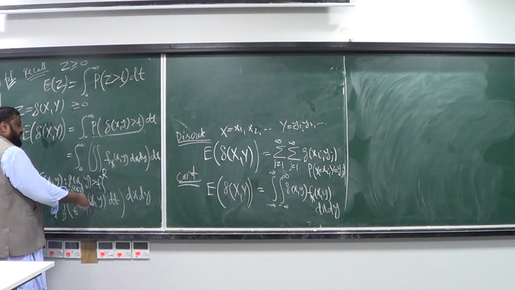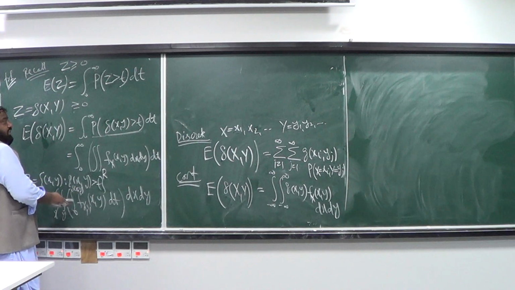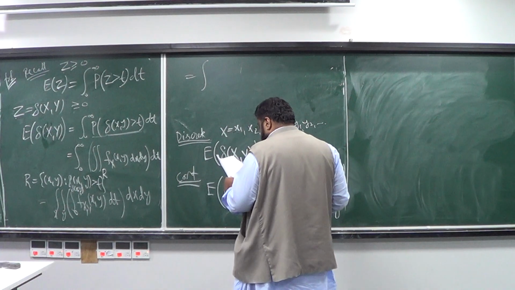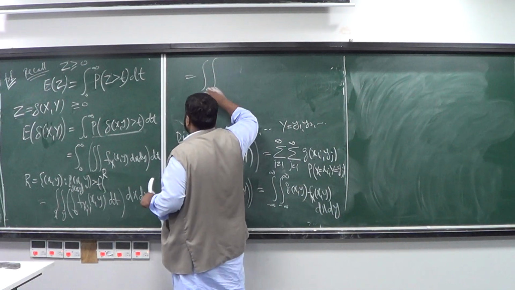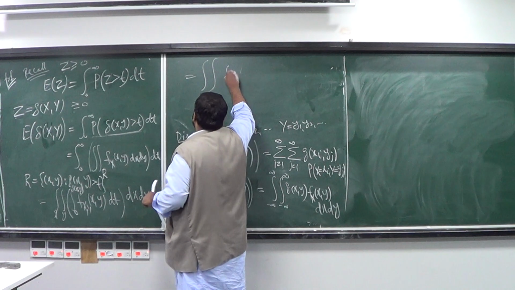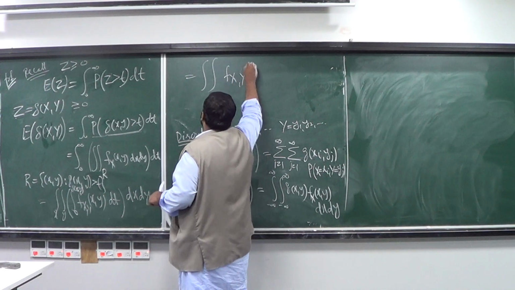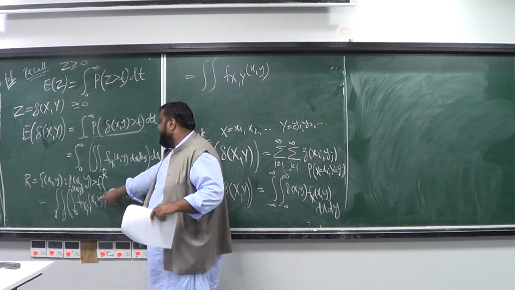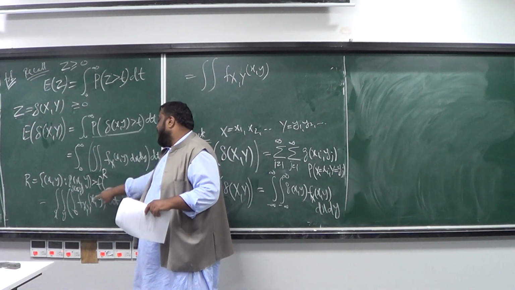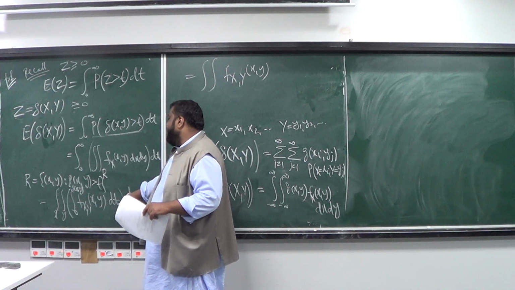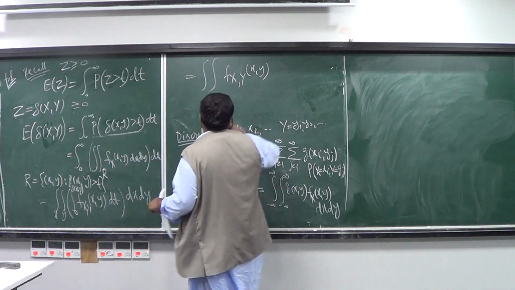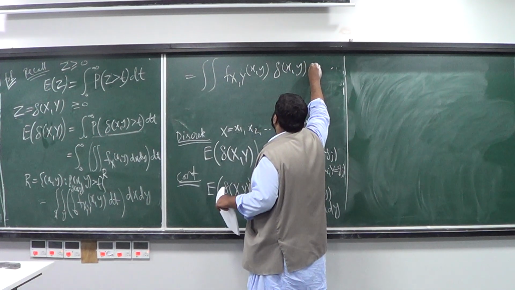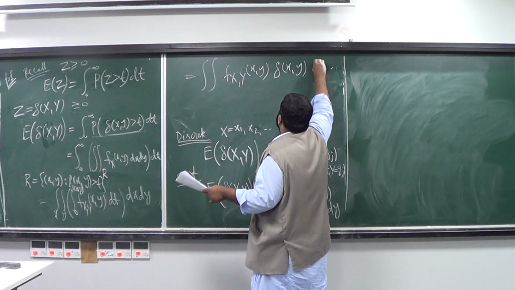So you can pull this f of xy out of the integral. You're going to get a double integral of f_XY of xy, and what remains inside is 1, and if you integrate 1 you get t, and if you substitute the limits you get g of xy minus 0, and I can ignore the 0 anyway.